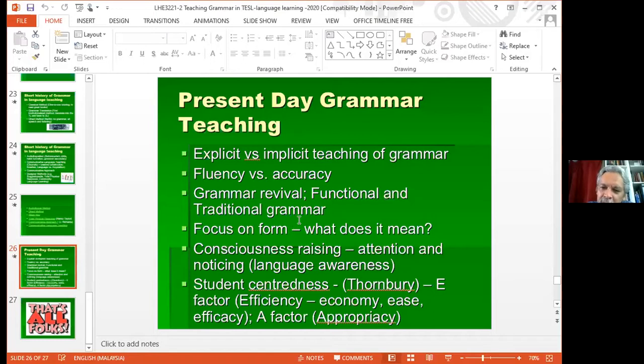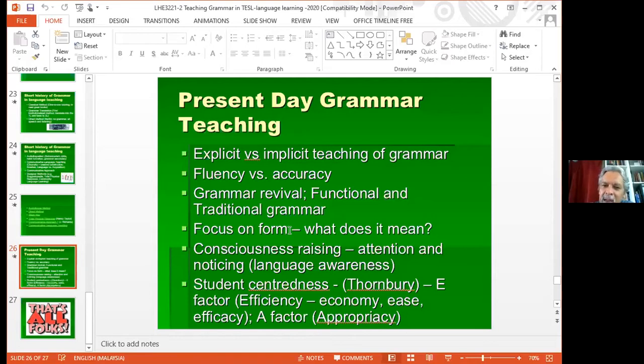But focus on form, no S, is slightly different. It's just as you teach, and when you become aware that maybe some of the students need a little bit more understanding of something, then you can focus on that form. There is no intention to try to teach all the forms from beginning to end in the syllabus.